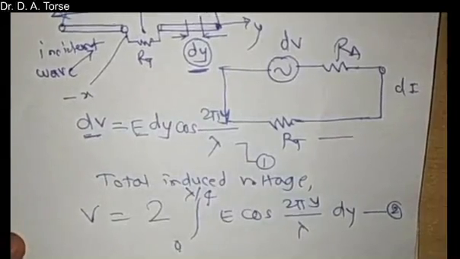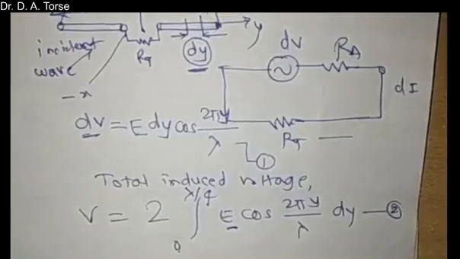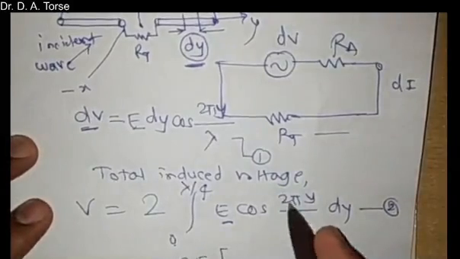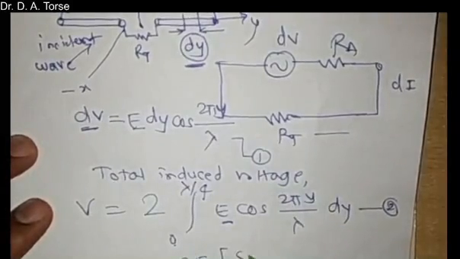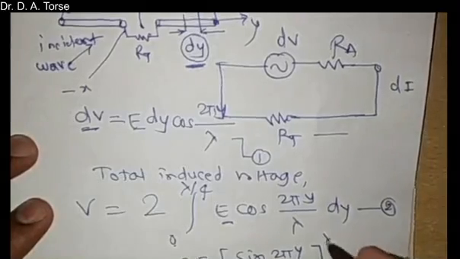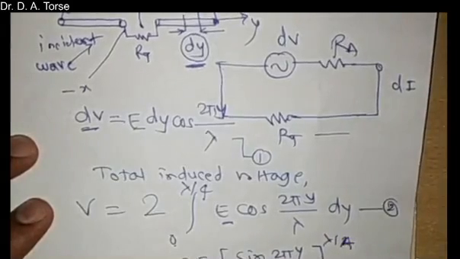Since E is constant, the induced field is constant. The integration of cos 2 pi y by lambda is sine 2 pi y by lambda, divided by 2 pi by lambda, and the limit is from 0 to lambda by 4.